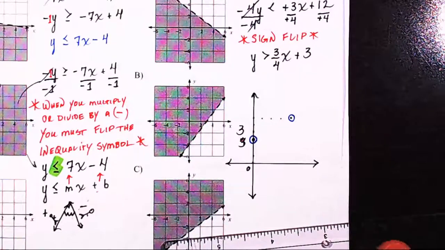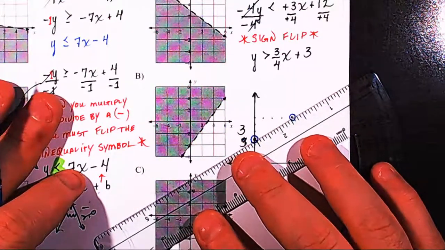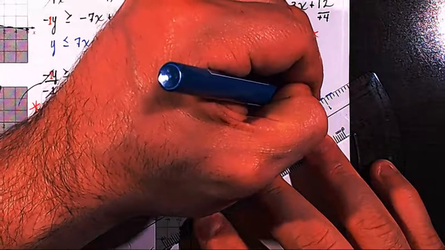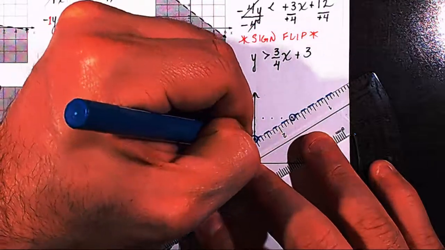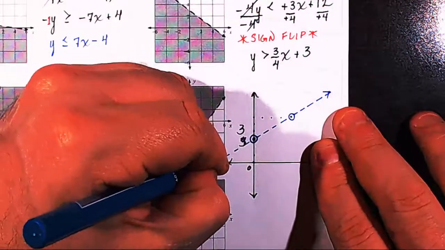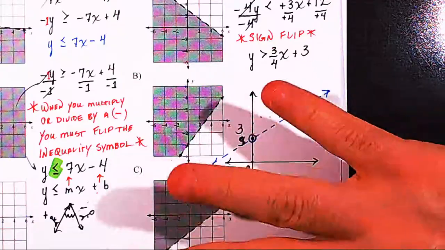And now I can connect these with a dotted line, like that. And y is greater than the dotted line, okay?